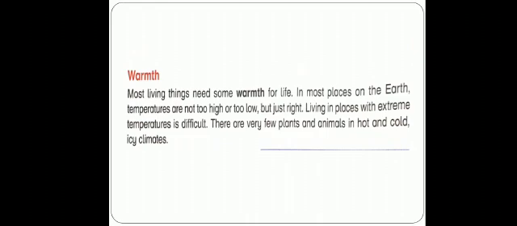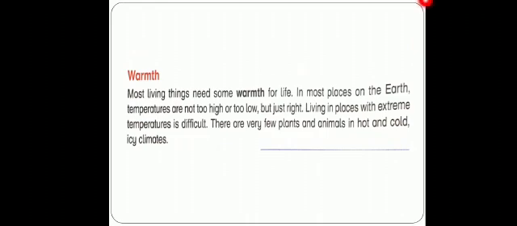Living in places with extreme temperatures is difficult. There are very few plants and animals in hot and cold, icy climates. It means, as I told you, moderate means a normal amount of heat. It is required for life on earth.